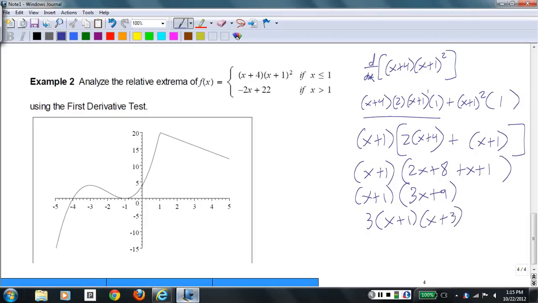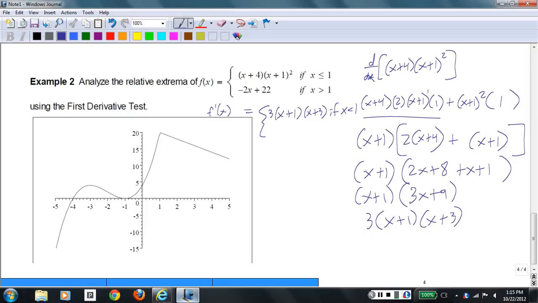So as I'm trying to differentiate this thing piecewise, f prime of x equals 3 times x plus 1 times x plus 3. And I can do this on the open interval, the one that does not include the 1. What happens at 1? It's not to say it's differentiable there, but it is differentiable everywhere less than 1.